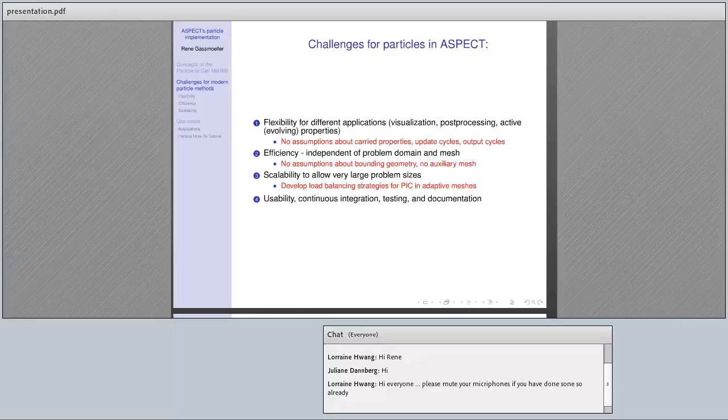This in particular includes documentation in the source code, documentation in the manual, and continuous testing of a certain set of models that are tested with every change to the code to make sure that we do not introduce any changes to existing models.